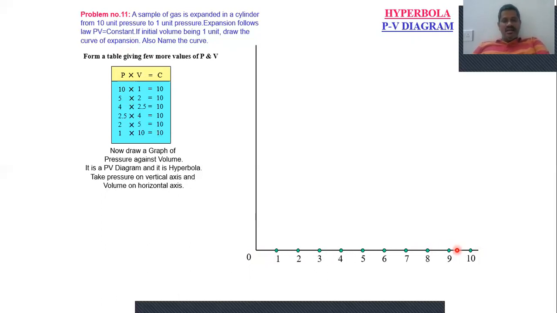And similarly on the y-axis also, I have divided and provided 10 equidistant points like this. On the x-axis, 10 equidistant points. On the y-axis, 10 equidistant points are located. Then this is your volume and this is your pressure.